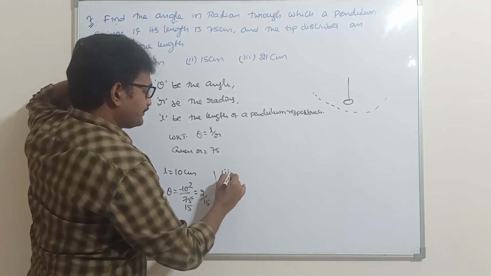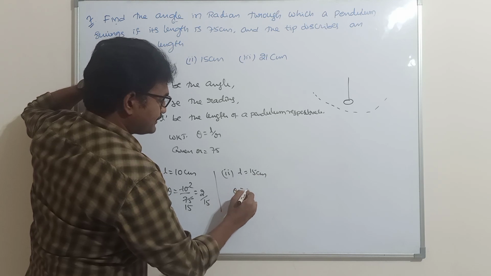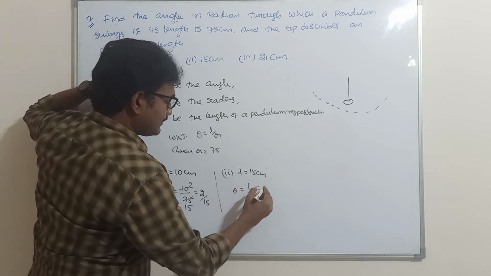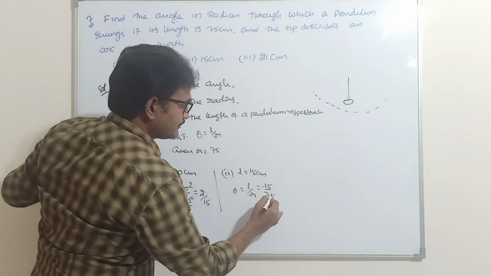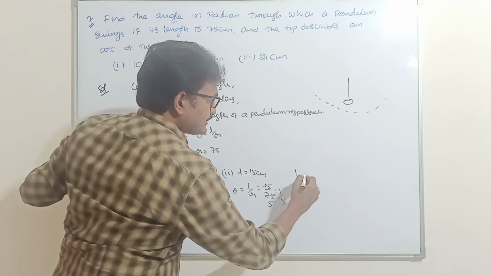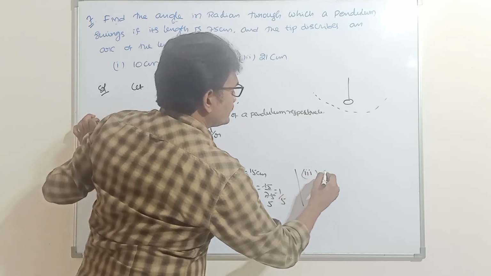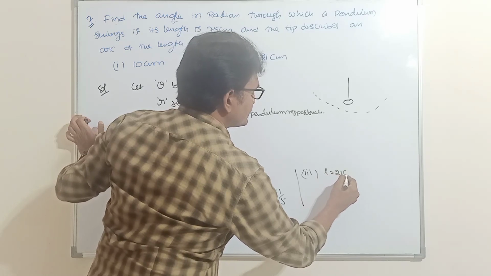Second question. L is equal to 15 centimeters. Theta is equal to L by R, 15 by 75. Dividing by 15, we get 1 by 5 radians. Third question: L is equal to 21 centimeters.